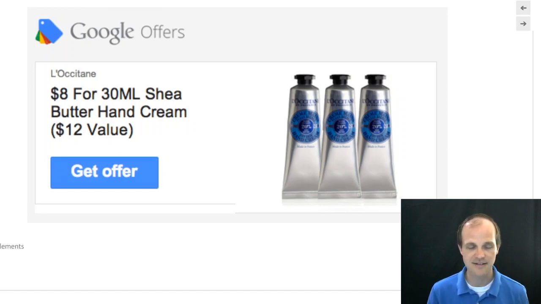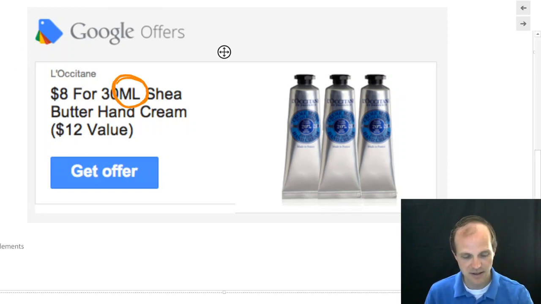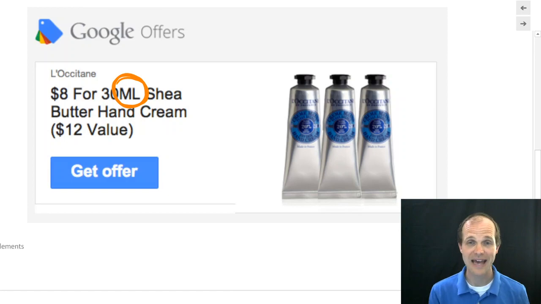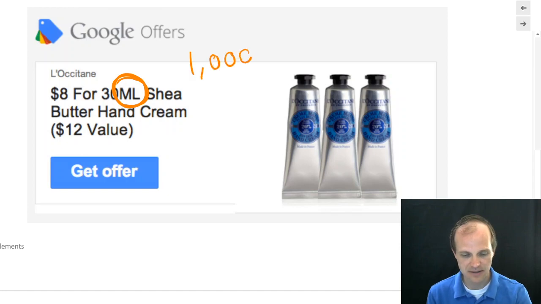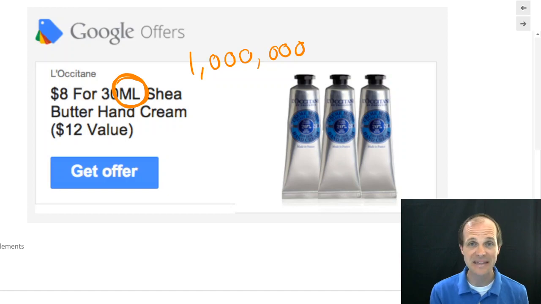And I looked at that and I just laughed because what they were trying to sell me are ML with a capital M. And well, as I was doing that last slide, I knew that a capital M meant 1 million. And so what they're actually trying to sell me is 30 million liters of shea butter hand cream. That's millions of gallons of hand cream for only $12.